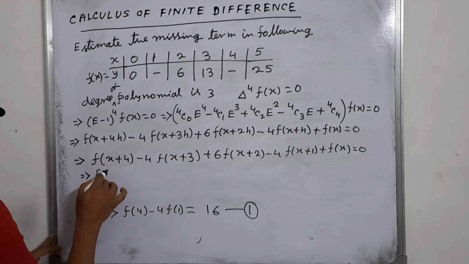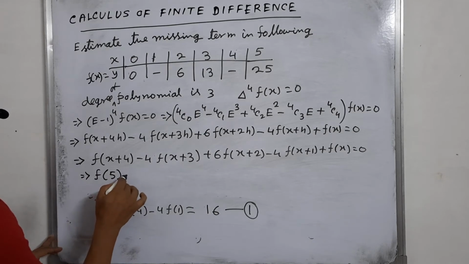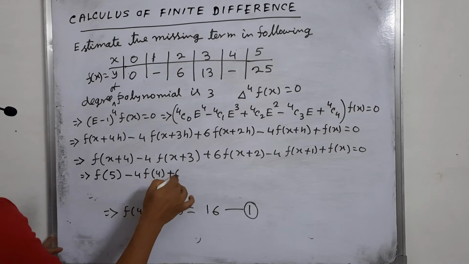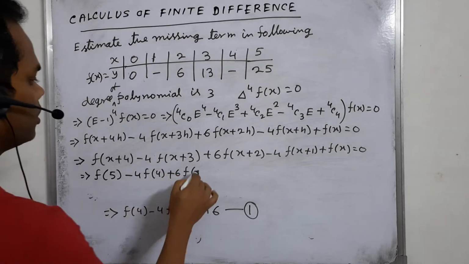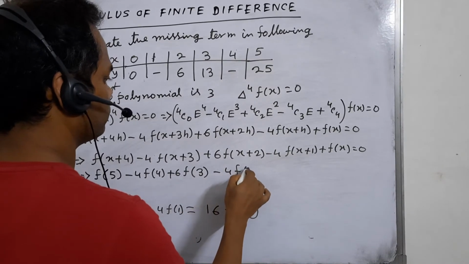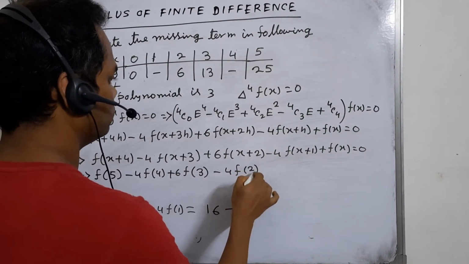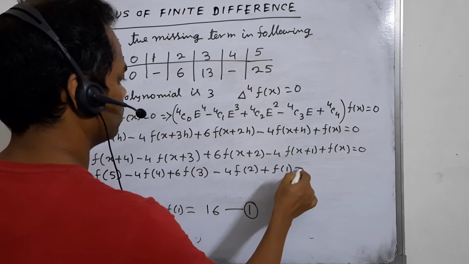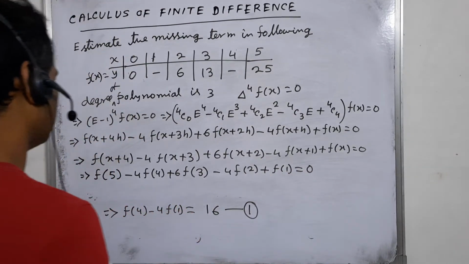We get f of 1 plus 4 f5 minus f4 plus 6 f3 minus 4 f2 plus f1 is equal to 0.